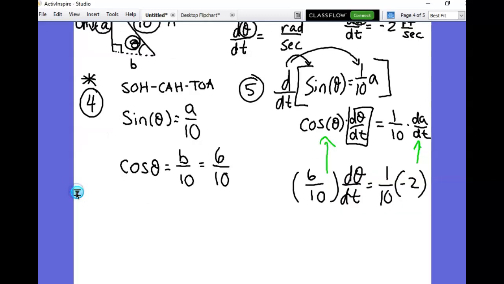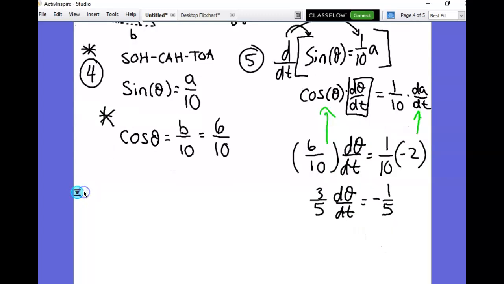Okay? So that's kind of the tricky part, because that's weird too, right? Usually when we're missing a variable, we come back over here and we plug in a number to find the missing piece. It's not quite how it works here. You set up a new trig ratio to find the trig ratio. So we end up with 3/5 if you reduce that. And this becomes -1/5. Yep, multiply both sides by the reciprocal.